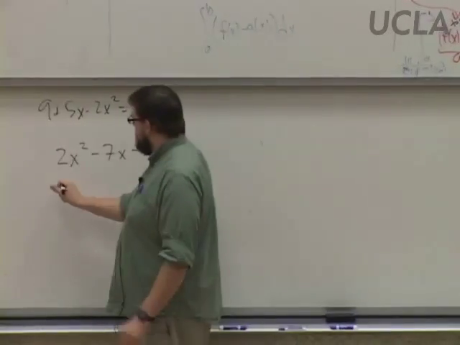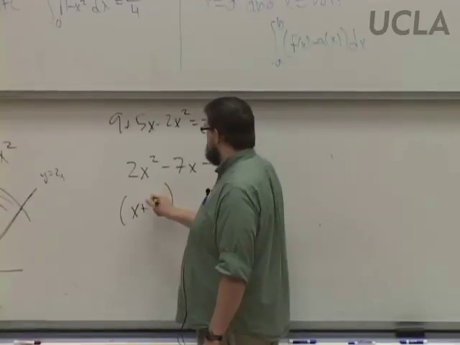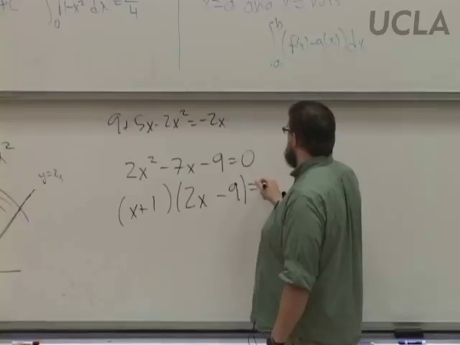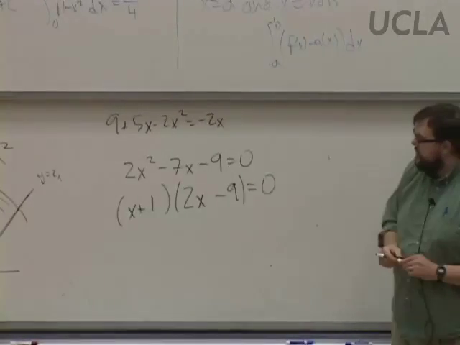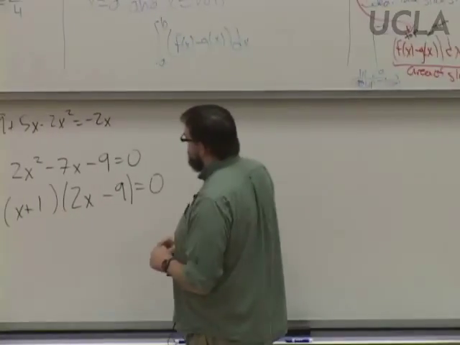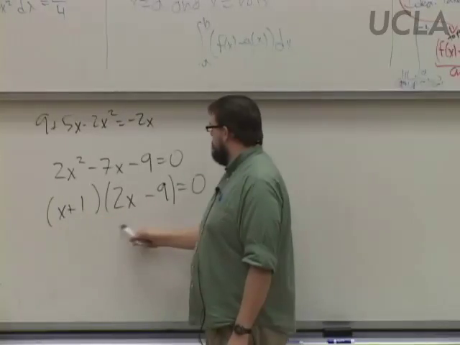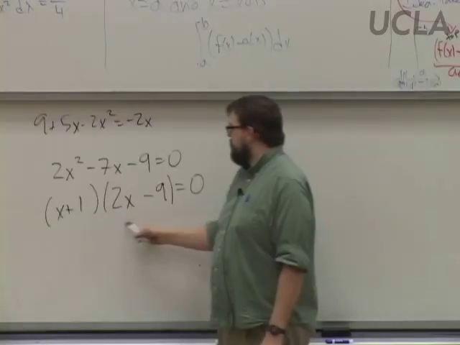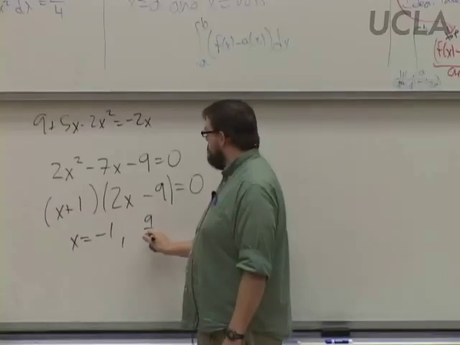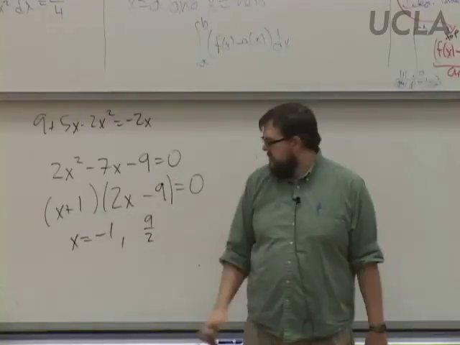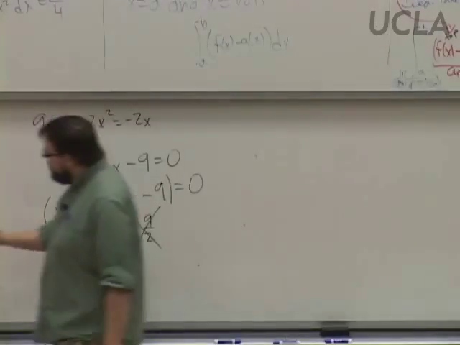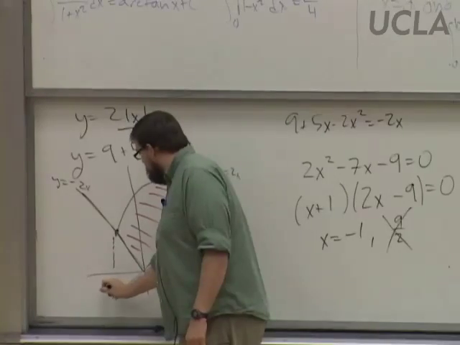And if you're really good at factoring, and if you're not, you can use the quadratic equation. But if you're really good at factoring, you'll see that, lo and behold, this factors into x plus 1 times 2x minus 9. You can check: 2x squared, and you get minus 9x plus 2x is minus 7x, and minus 9. So you get x equals negative 1, or x equals 9/2. Now, I'm looking for the intersection where x is less than 0, so I'm not looking for the 9/2 point. That tells me I'm looking for the point negative 1.